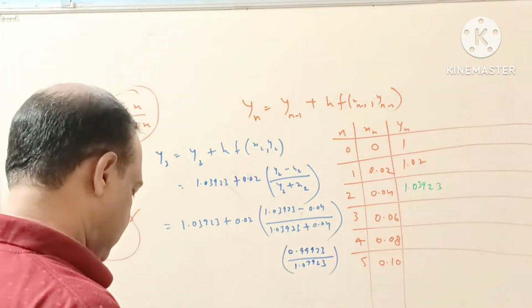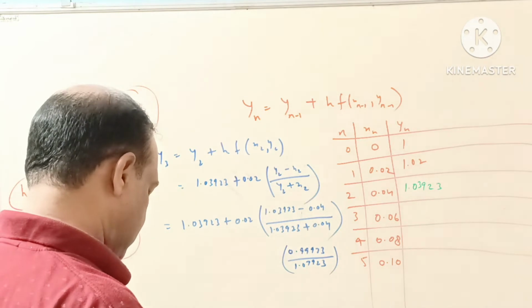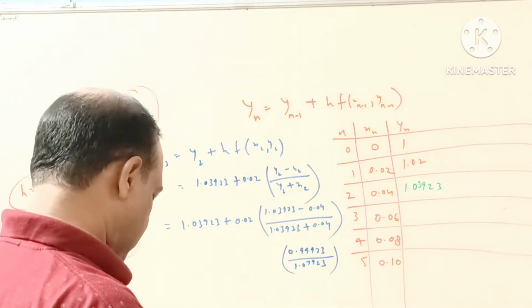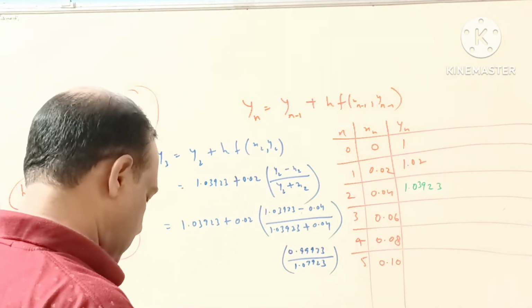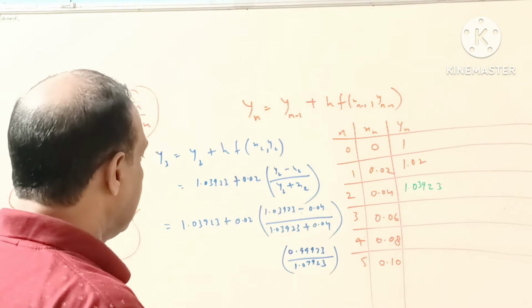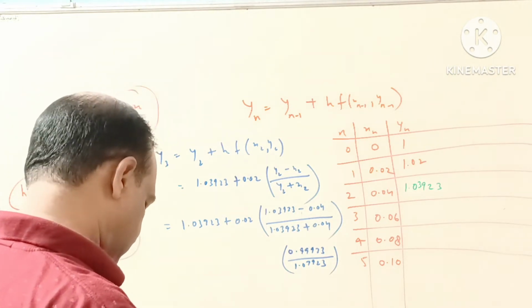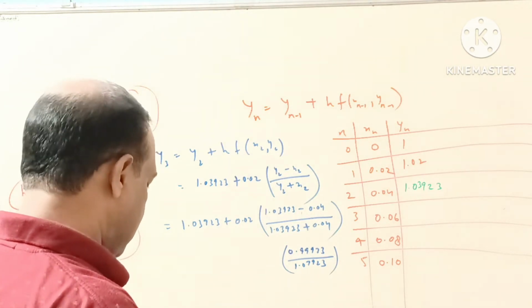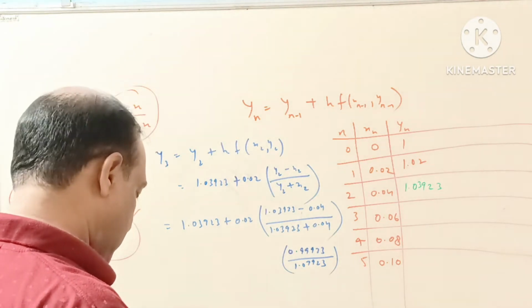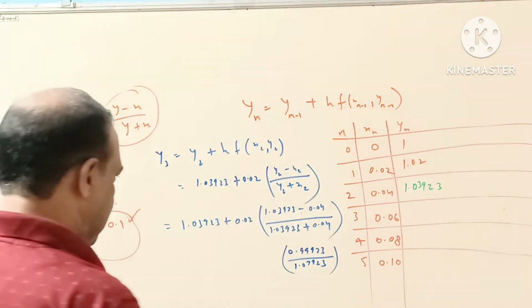If I divide this by 1.07923, what I will be having is 0.9258.